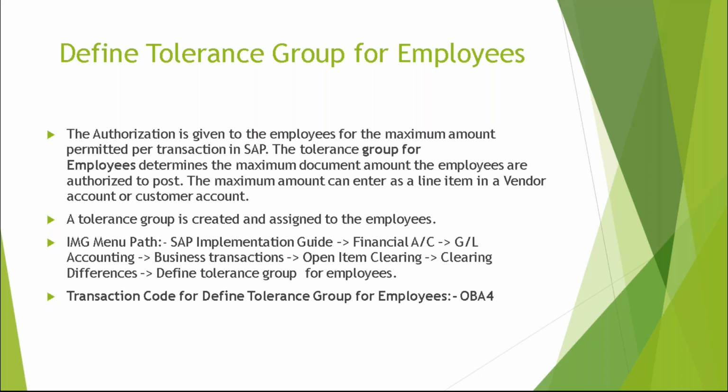So either it is a vendor transaction or customer transaction, you can give the maximum amount under the line item. So this is the path: Financial Accounting, Global Settings, Business Transaction, Open Line Item, Clearing Differences, Define Tolerance Group for Employees. The T code is OBA4. Write down the T code and the path.